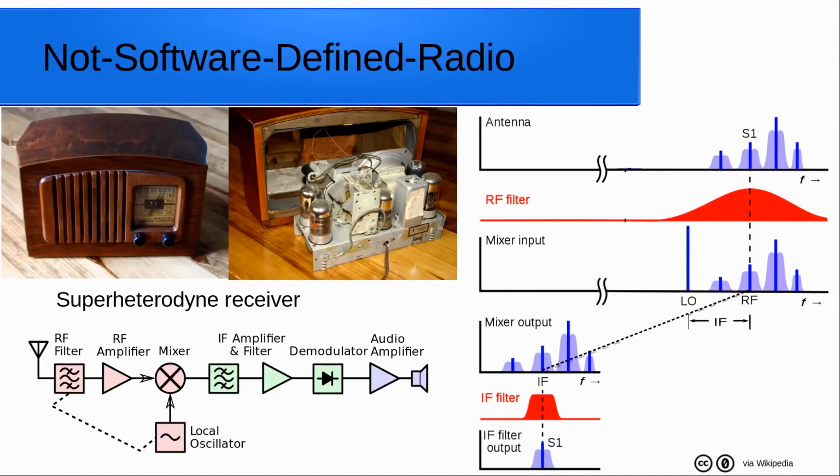So what we have, where's my mouse? Here's my mouse. So we have here at the antenna, here's the antenna, our signal S1. That's the signal we want to receive. Then we have some filtering to get rid of all the other signals which are farther away. Then we have our mixer here.